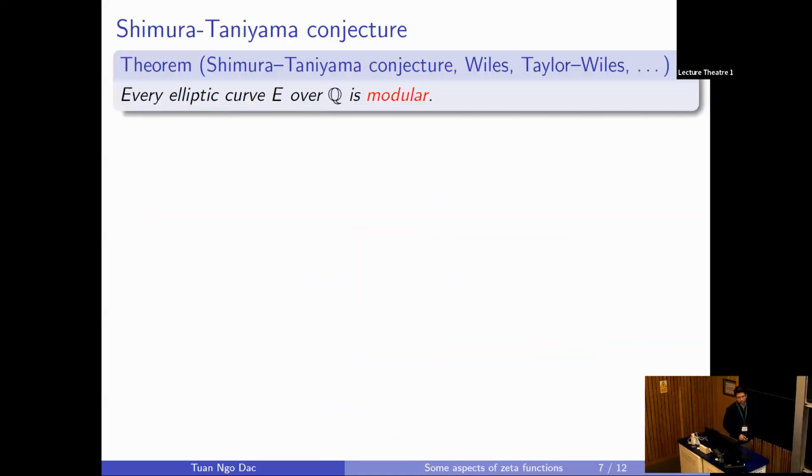So here is one of the most famous theorems of the last decades. It's called the resolution of the Shimura-Taniyama conjecture, due to Wiles, Taylor-Wiles, and the work of Taylor, Conrad, Diamond, and Breuil, which says that every elliptic curve over Q is modular.